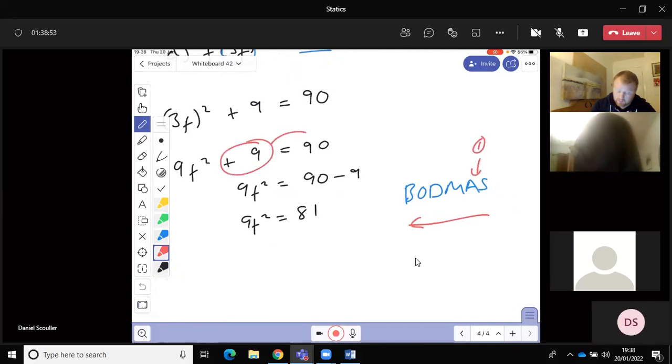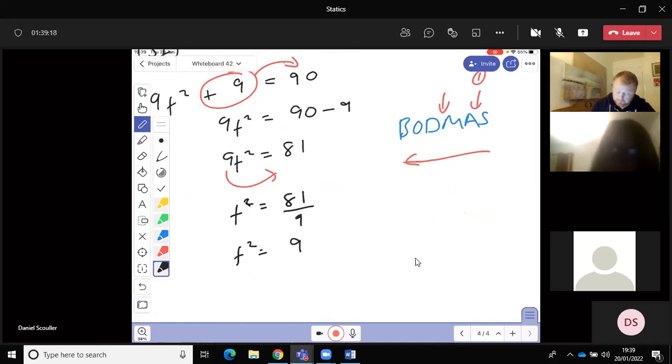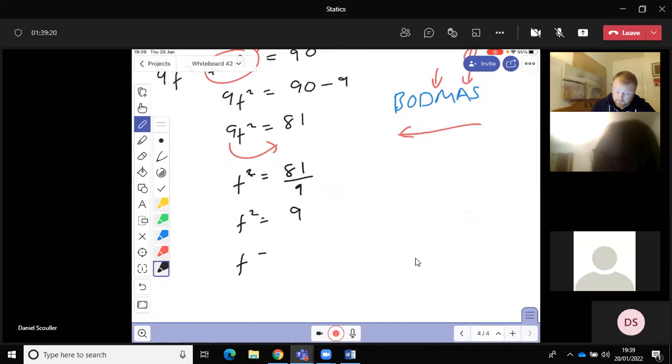That's what we did there. Second, we're moving the multiply. So we move that 9 before we move the squared term. That should be squared. 81 divided by 9 is 9. Now we can move the squared term. We move that last.